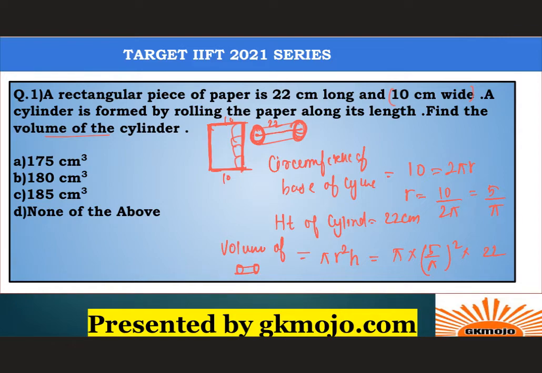Once you solve this, you'll get the answer as 175 centimeter cube. Very easy to solve actually. 1 pi and 1 pi will get cancelled over here. You'll be left with 25 by pi, then over here you can solve with 22 by 7. This 22 and 22 will get cancelled, and you will have 25 into 7 at the top, which will mean option A is your correct choice.